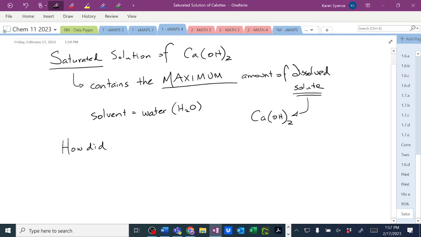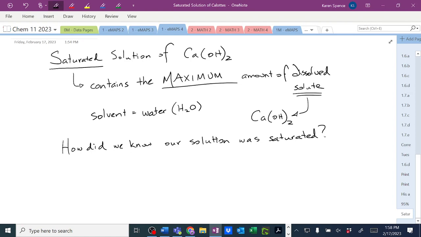How did we know our solution was saturated? Because you can see through it. That's an indication that it's dissolved.